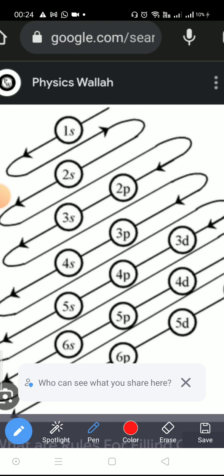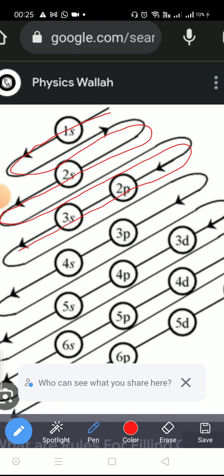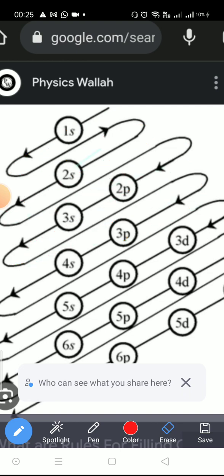If you see this arrow, the movement of the arrow is from the lower energy level, that is 1s. Then follow the arrow, then 2s, then 2p, then 3s, then 3p. So this way we will follow the Aufbau principle, starting from lower energy level to higher energy level.